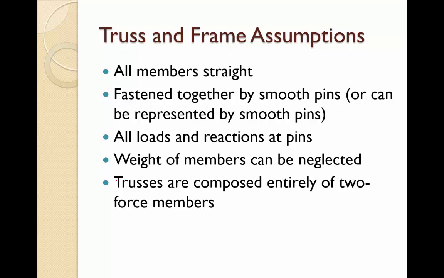Also, we are assuming that the trusses are composed entirely of two-force members. Two-force members are objects that have only two forces acting on them. So for example, if we've got this particular object, there's a force there and a force there. Two forces acting on that object, both trying to pull it apart.